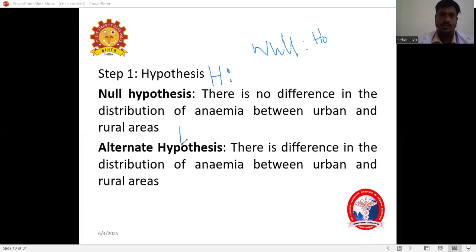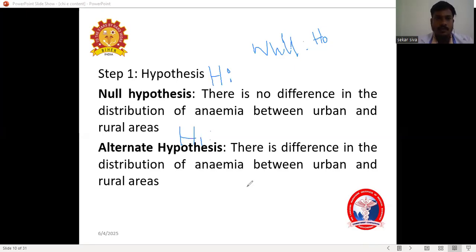The alternate hypothesis is denoted as H1. 1 means dichotomous, yes. So there is something in that statement, which is that there is a difference in the distribution of anemic between urban and rural areas. These are the two hypotheses formed from the given scenario. The first is a tentative idea before the research is done, which we want to test using chi-square or some other test.